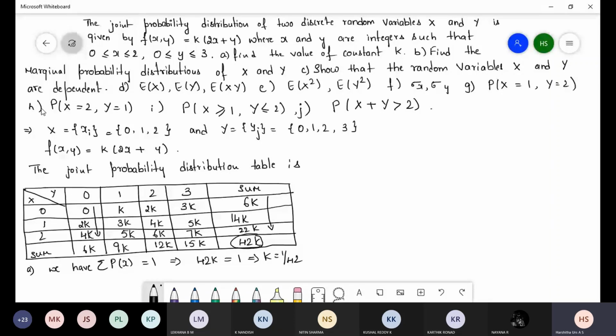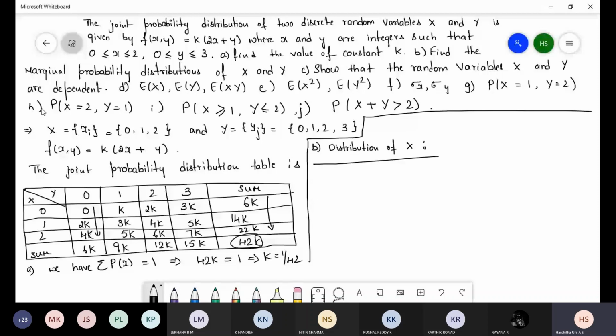Next, second question, find the marginal distribution. Here you can write distribution of x. So draw a table here. 3 values of x, xi: 0, 1, 2. Here I write f of xi.